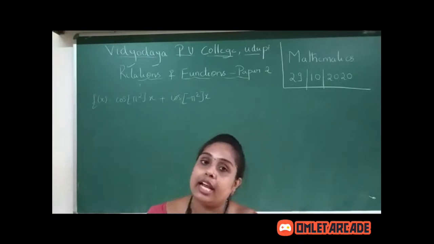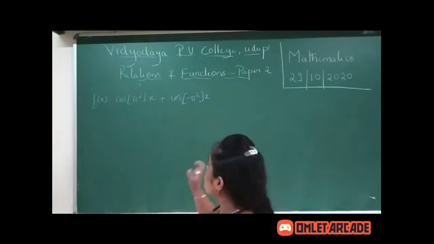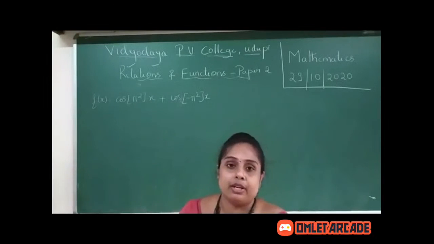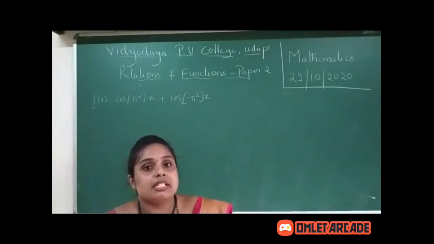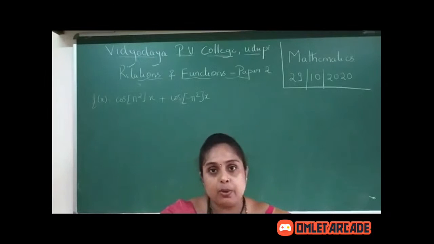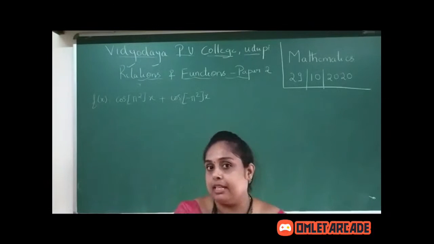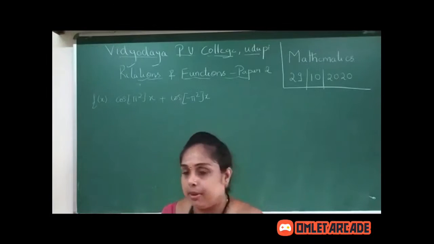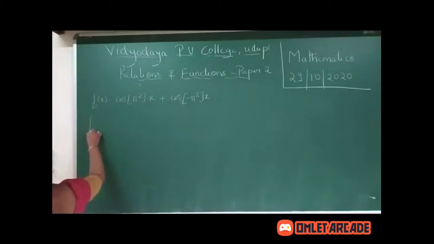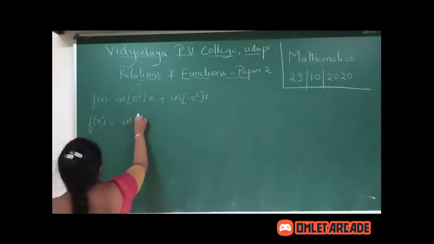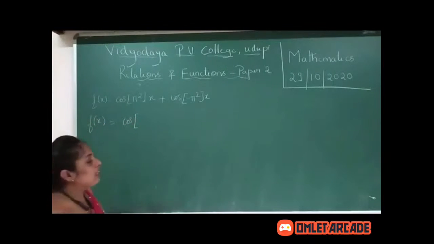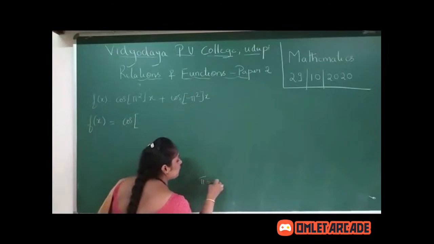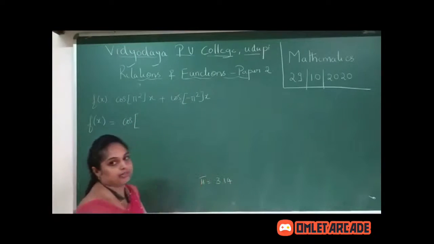I try to rewrite f of x, but with the greatest integer of pi square I cannot make it out. So let us see what number pi square is, so that I can easily write the greatest integer of that number. You know the value of pi is 3.14 something.